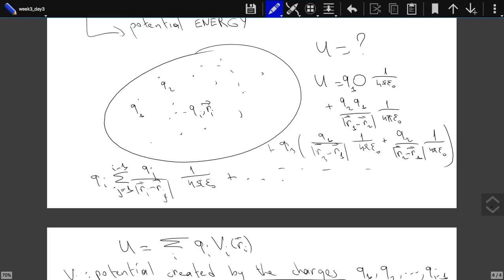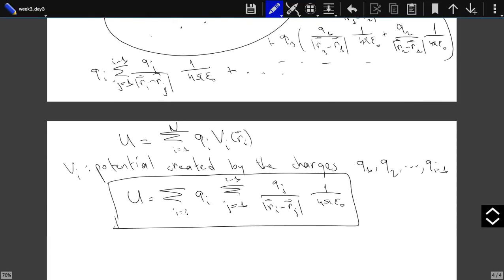Then I'm bringing the charge Qi, the ith charge, where I already have i minus 1 charges in my system. And eventually, if I have n of them, I should be summing i from 1 to n, n being the total number of charges.